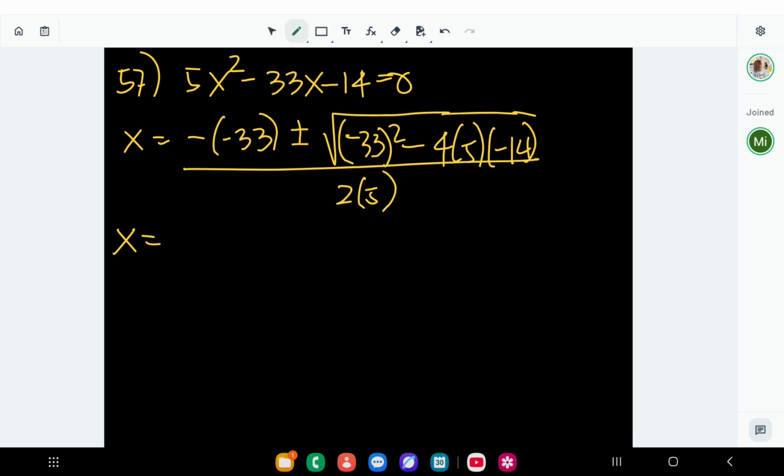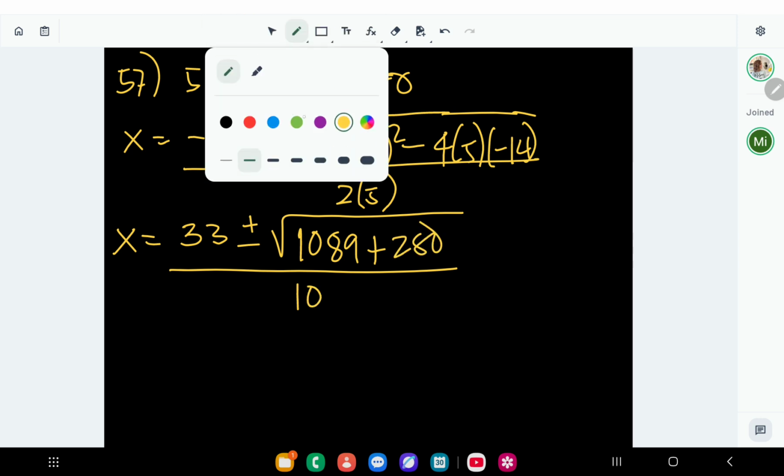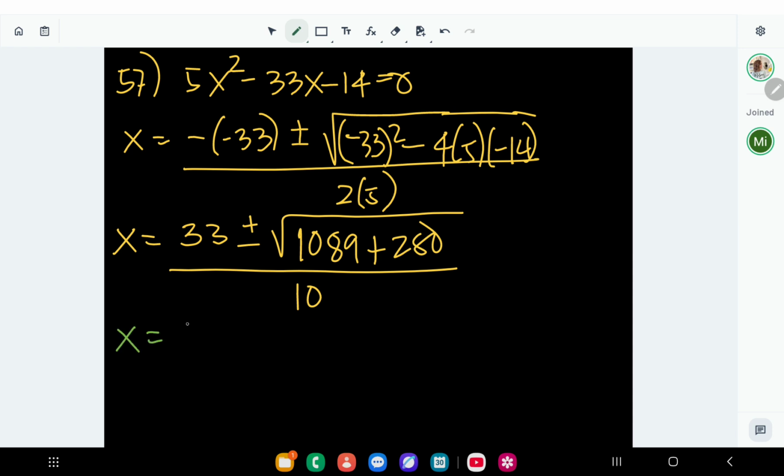You can use a calculator for 33 squared. So this is positive 33 plus or minus, what is 33 squared? 1089 plus, what is 4 times 5 times 14? 280.